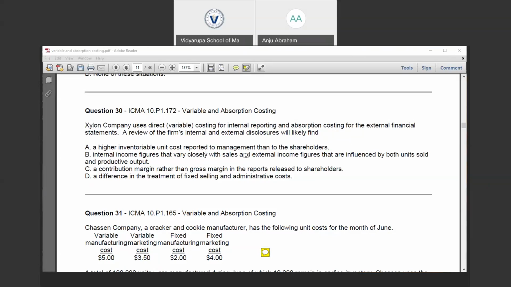So the higher inventory unit cost will be reported to shareholders, not to the management, because for shareholders we prepare the income statement based on absorption costing, but for management we prepare the income statement based on variable costing. So option B is the right answer, because under variable costing, the income figures will be closely affected by sales, but in absorption costing, the income figures are influenced by both units sold and productive output. That means production and sales both are going to affect the income reported under absorption costing.